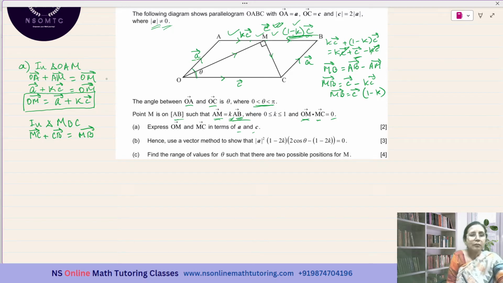So MC vector is equal to MB vector minus CB vector. And so MC vector is equal to MB, which is (1 minus k) times c vector, and CB vector is a. So this is the expression for the MC vector.